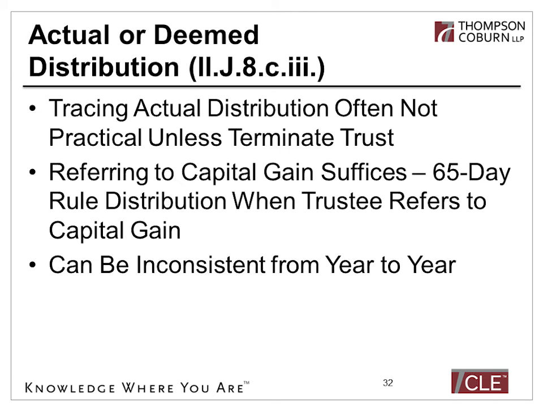Now, suppose that it wouldn't really do much damage to make an extra distribution. So let's go back to my 65-day rule distribution of $20,000 of capital gains. Let's suppose that right now you said, let's make a distribution referring to the $20,000 of capital gains from 2016, and you made this big lump sum distribution.